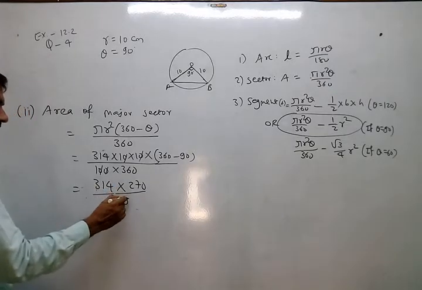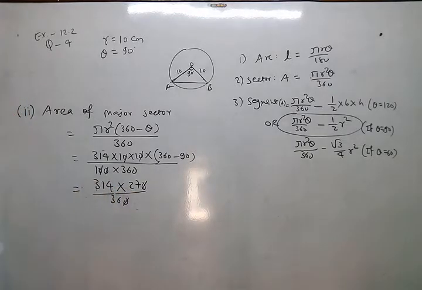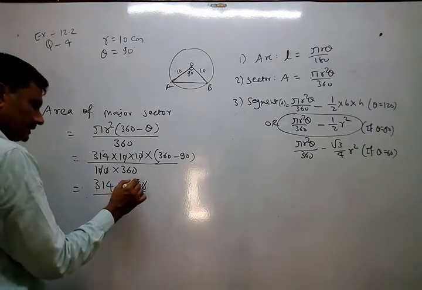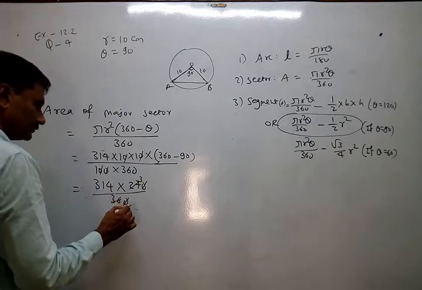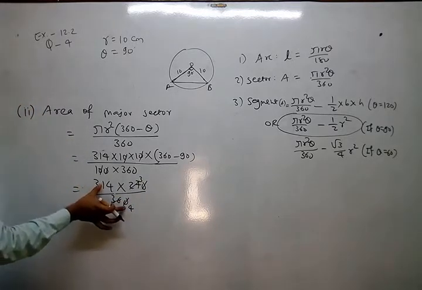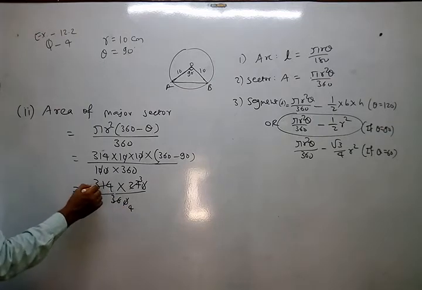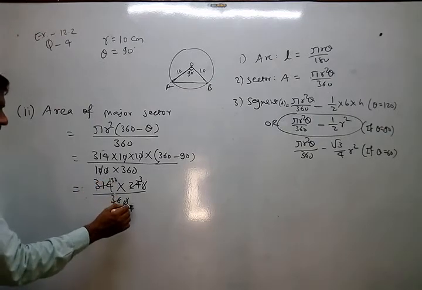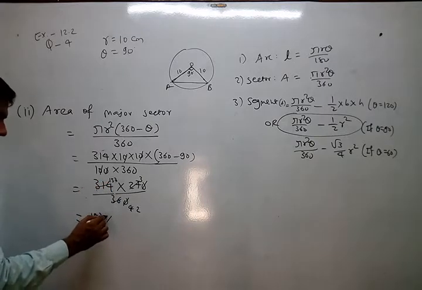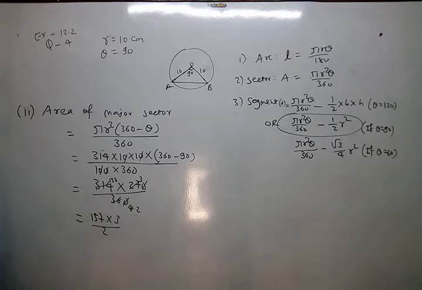Now 27 and 36 are in the table of 9. 9 3s are 27, 9 4s are 36. Now by 2 only this can be cancelled out. So 157 by 2. Whatever is left, 157 into 3 upon 2.